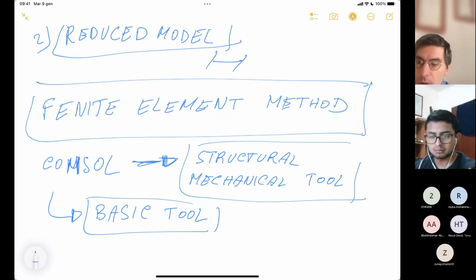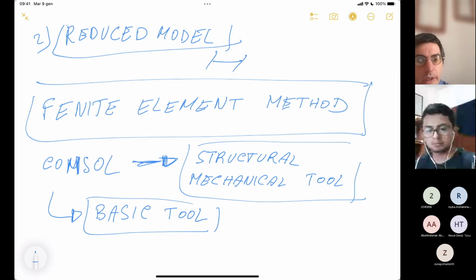And I will show you how to do this because, of course, these are classical models, so you can use both situations, the structural mechanics tool and the basic tool, and you can obtain results.